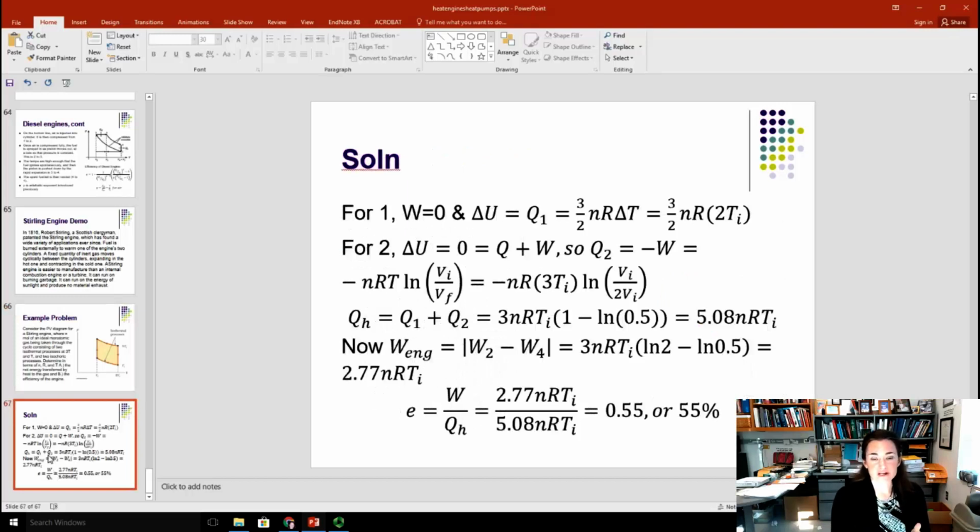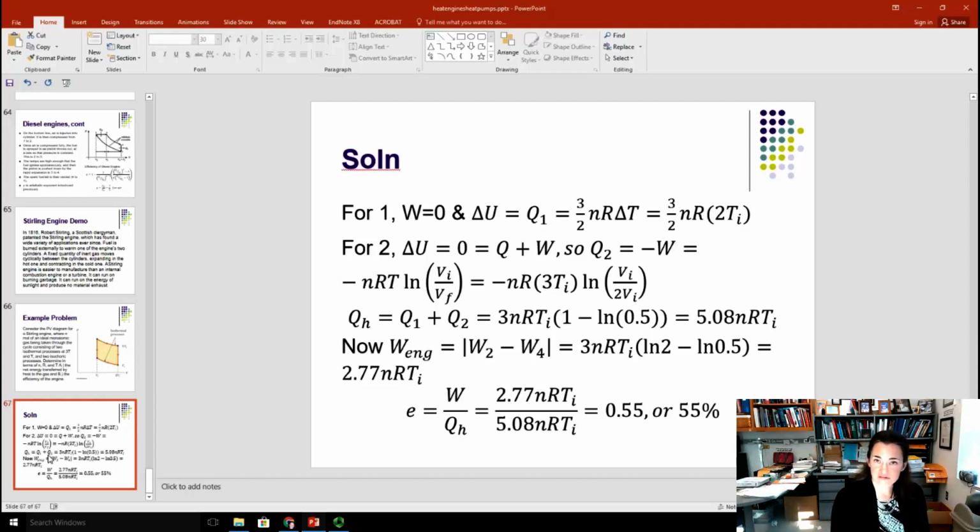So I'm going to do that here. The work done by the engine would be the absolute value of work 2 minus work 4, all right? So if I solve for that, then I get 3 nRTi times the natural log of 2 minus the natural log of 1/2, all right? Now that's because, of course, those are isothermal processes, and so the work for each one of those is going to be nRT times the natural log of V initial over V final.